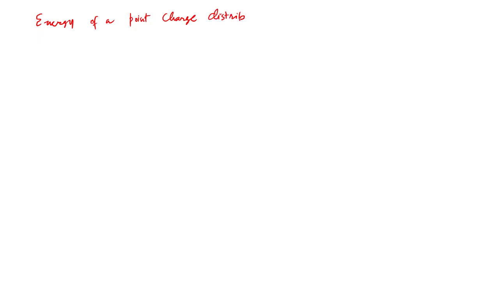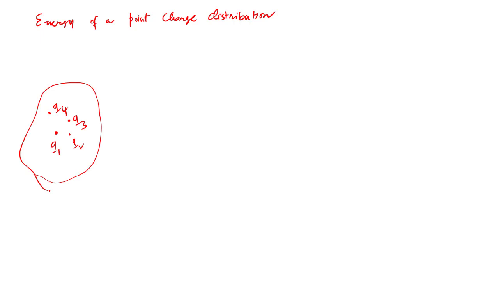This we did already in the previous lectures, but if we were to assemble some charge configuration, let's say we have multiple charges, Q1, Q2, Q3, Q4, and so on. What is the energy required to build this configuration? That's what we're looking at.